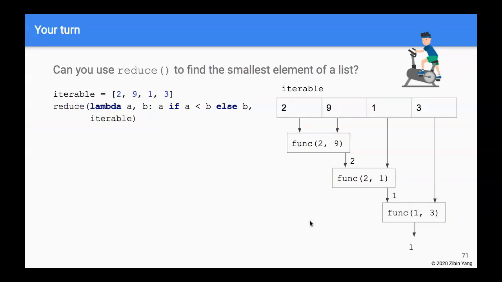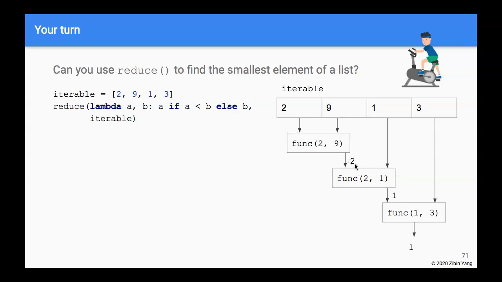And if you want to see how it works step by step, here is how it does that. The first thing it does is look at the first two inputs, and this lambda function returns the smaller of the two. So between 2 and 9, it returns 2. Right? And then it takes the next element from the list, and that gets fed into the same lambda function.